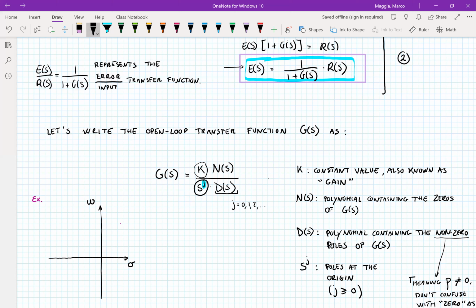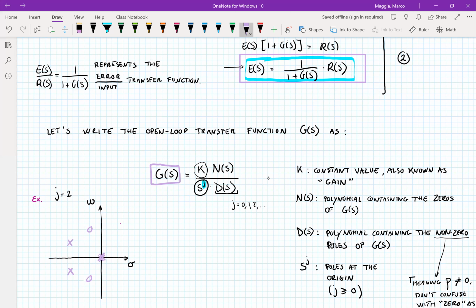So if we had J equal to 2, that would mean that we would have 2 poles of G of S at the origin. Doesn't really matter if we had poles in different places or zeros over here. It doesn't really matter. The number of poles of G of S, okay?